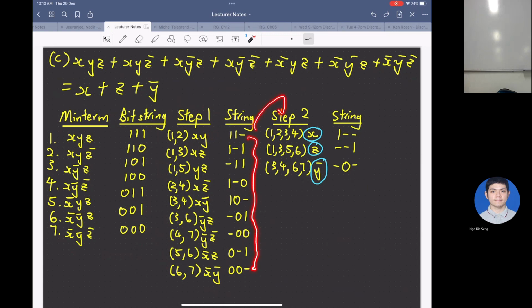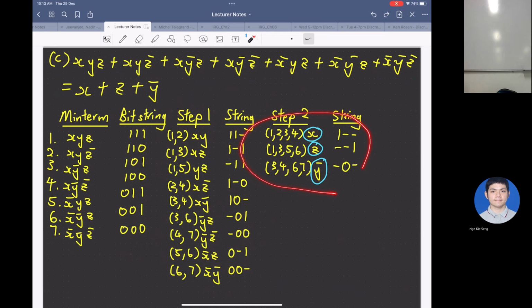And then you combine adjacent cells again. So for example, xy and xy bar: 1, 1, 1, 0, dash, dash. They differ in one literal, so you become x. You throw away y and z, which become dash, dash.